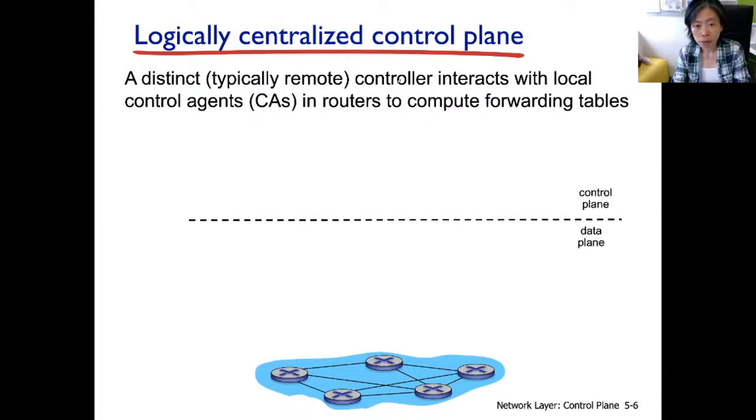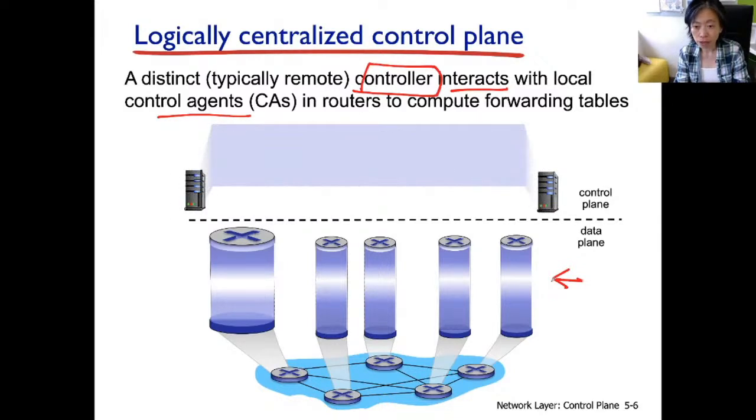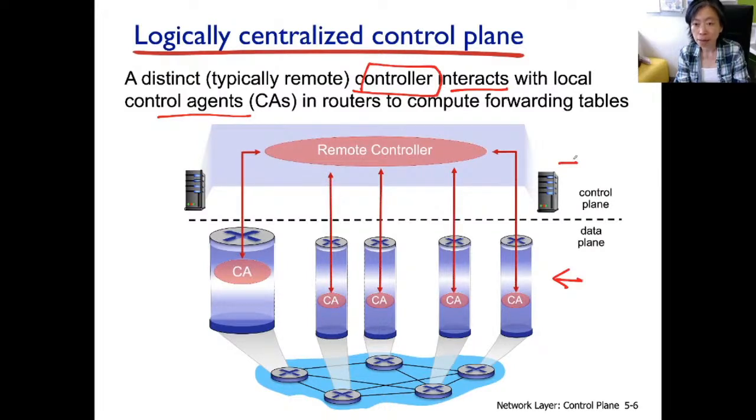There's a remote controller doing all the computation and then interacting with the local control agent to install these forwarding tables, or more precisely, flow tables. So the router, in the data plane, has this control agent, and at the control plane, we have powerful machines running the remote controller. The remote controller interacts with the CA, setting up these flow tables.